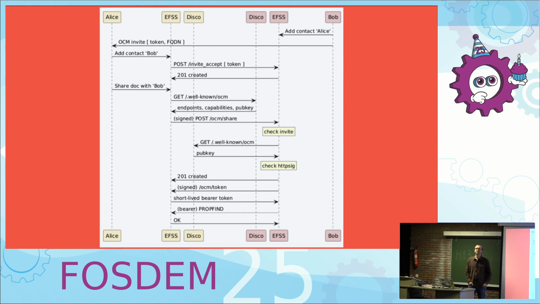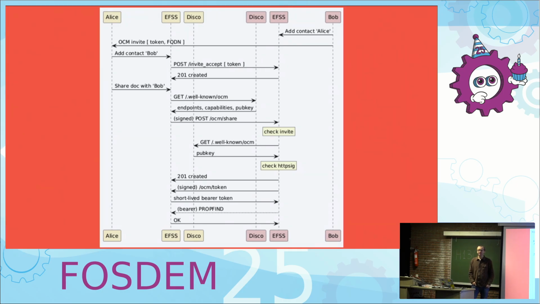Yeah, I want to ask about the capabilities. Do you have other examples where you use them? The question is, are there any examples of capabilities? Well, one thing is the type of resource and the access protocol.